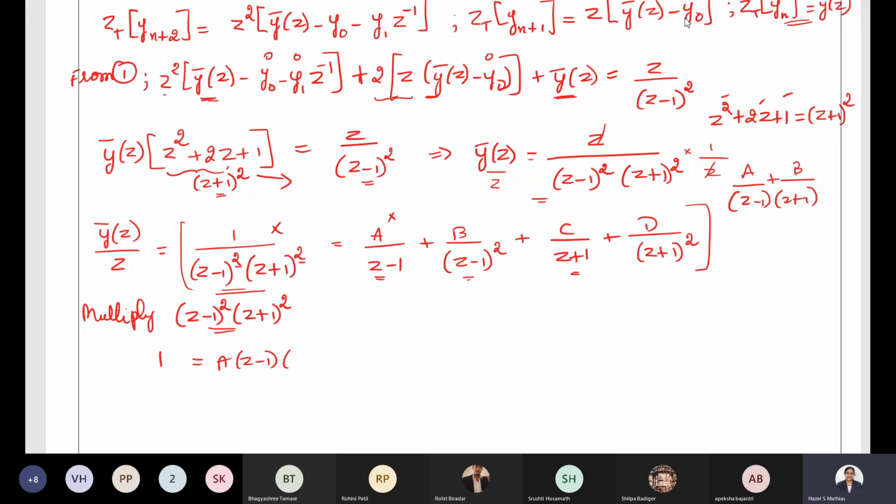So what remains? a into z minus 1 into z plus 1 the whole square plus b into, when you multiply over here, the entire term z minus 1 whole square gets cancelled, z plus 1 whole square remains. Similarly, when you multiply over here, only one z plus 1 gets cancelled. So what remains? c into z minus 1 whole square into z plus 1. Plus for the last term, when you multiply over here, z plus 1 whole square gets cancelled, only z minus 1 whole square remains.